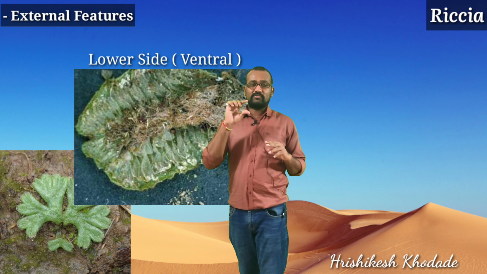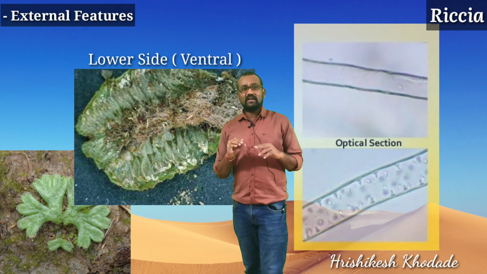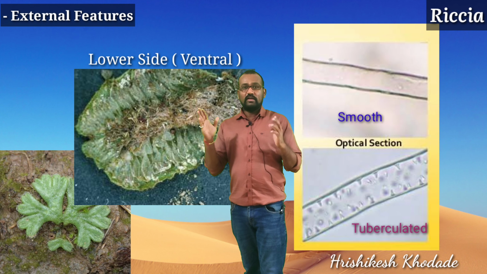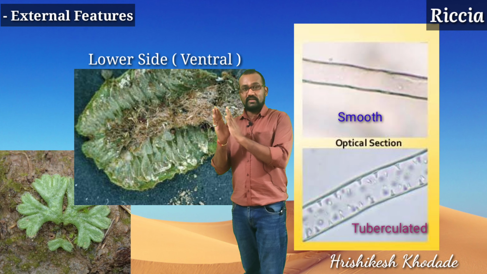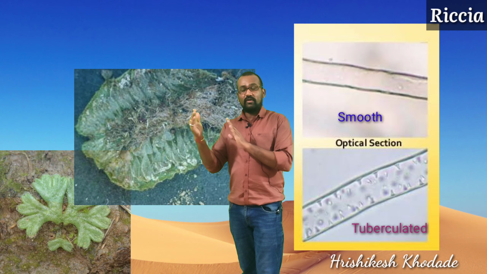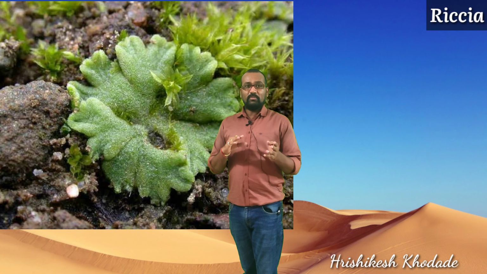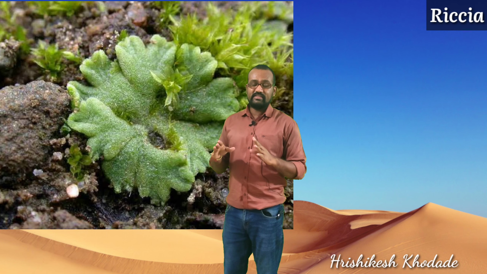Although they are very microscopic, they are unicellular. In Riccia, the rhizoids are of two different types, smooth walled and tuberculated walled. The tuberculated rhizoids are somewhat modified or advanced as compared to the smooth walled rhizoids. So we have seen the morphological features of this Riccia plant.